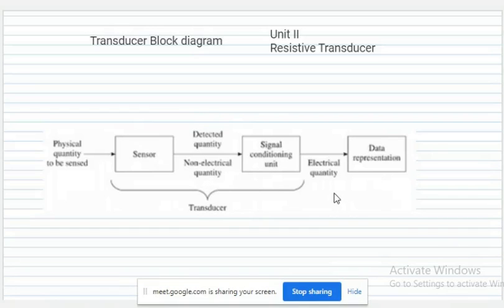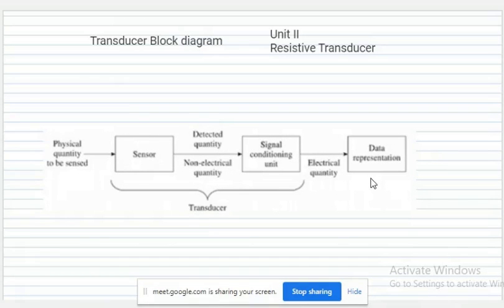Finally, after having information in the form of current or voltage, we have the display unit, here called the data representation unit, which does the job of displaying information.